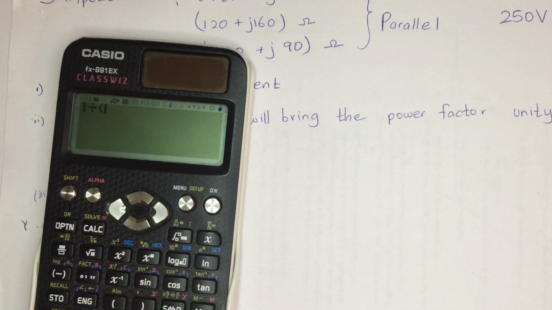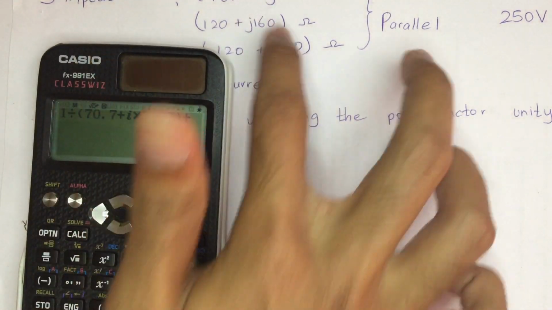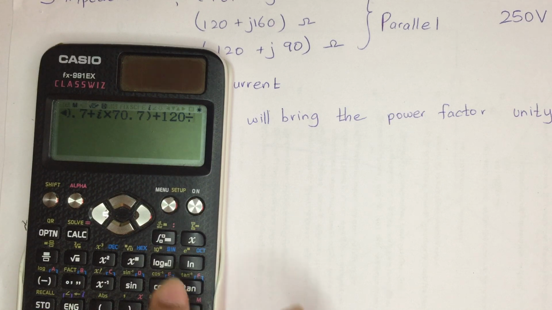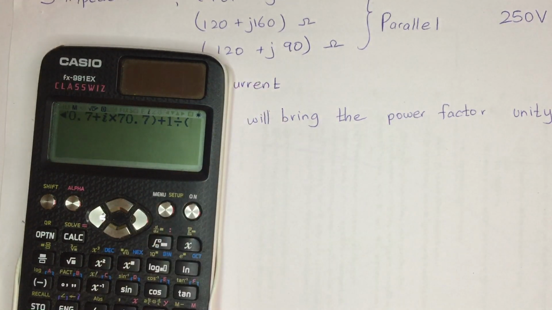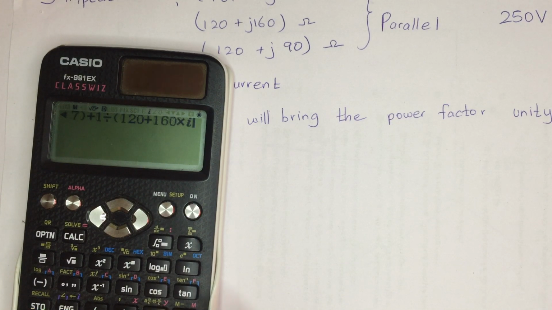We know the value, 70.7 plus I into 70.7, plus another one, 1 divided by, sorry, I need to use the bracket, 120 plus 160 into I. Okay, that's finished. The last part, 1 divided by, in bracket, 120 plus I into 90.